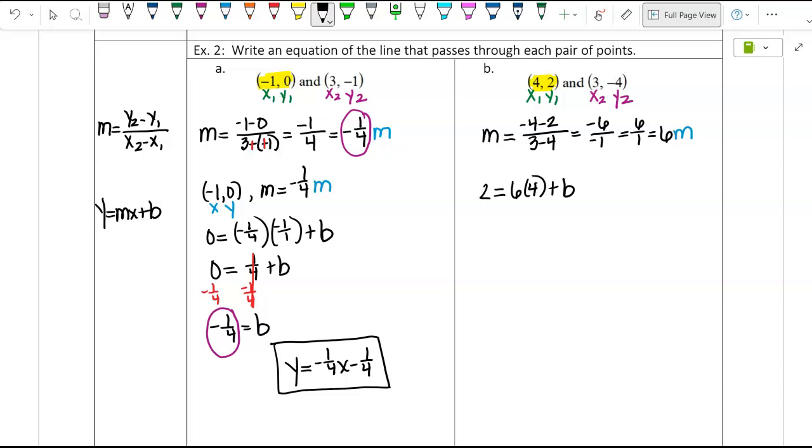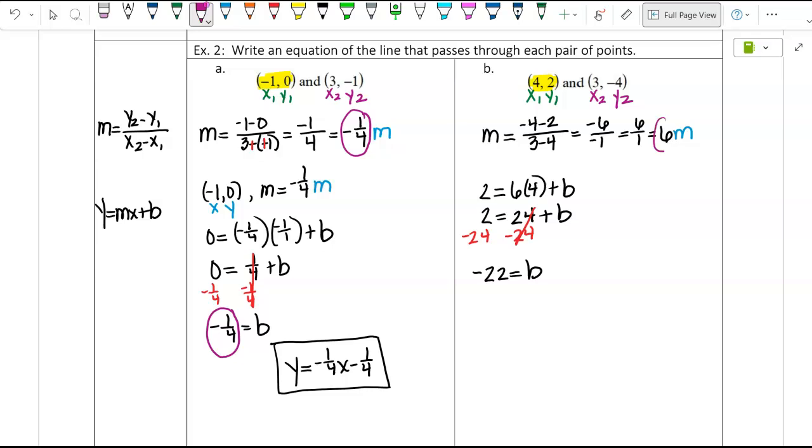All right, so Anthony Arroyo, what did you get for B? It wouldn't be +22, it would be -22, because we would get 2 equals 24 plus b. We have to subtract that 24 from both sides. So we have 2 minus 24, so -22 equals b.